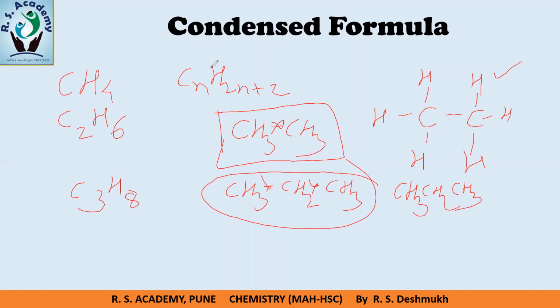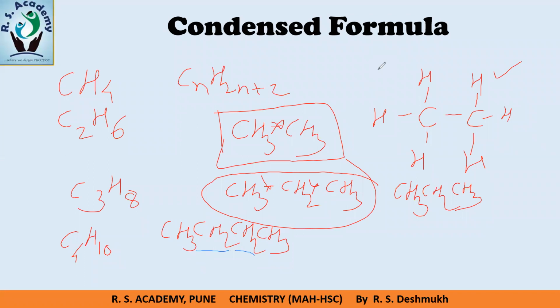Going one more beyond this, C4H10. Now concentrate friends, it is CH3CH2, so I can say it is CH3CH2CH2CH3. But if you observe carefully, the CH2 in the middle repeats twice.